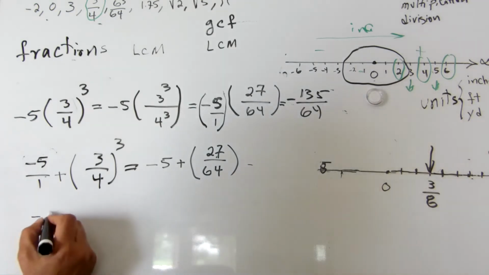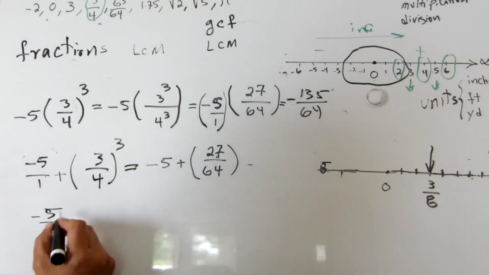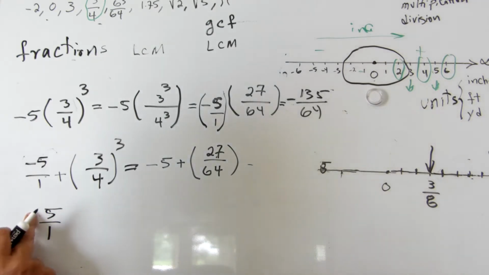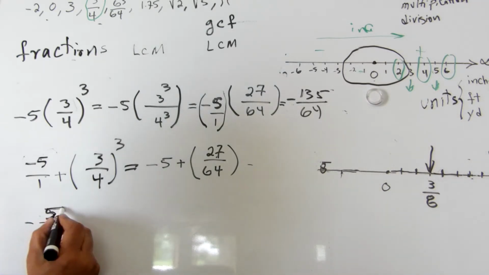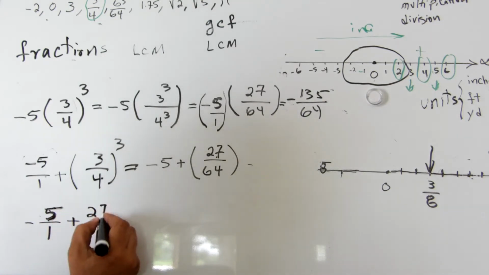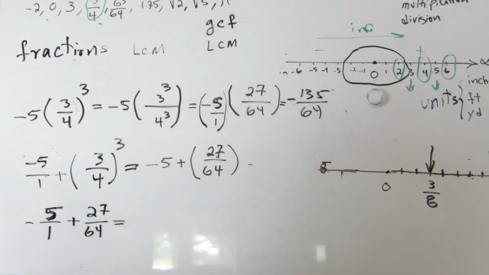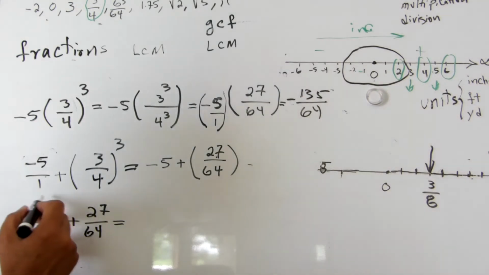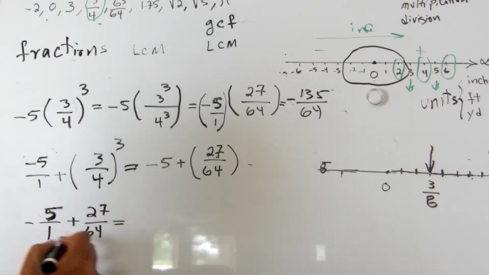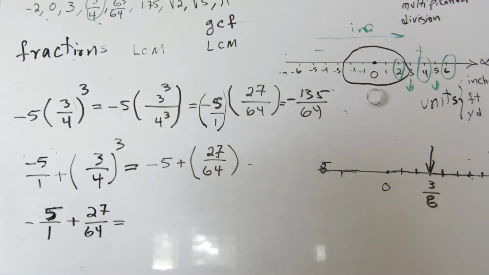So actually it's going to be minus 5 over 1 plus 27 over 64. One of the ways, as I said earlier, is to multiply the numerator and denominator by 64, and we can solve it this way.